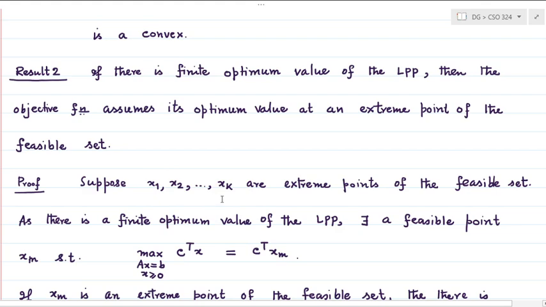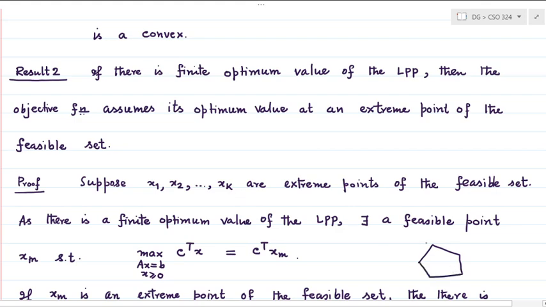So any point which is a feasible point, any point that satisfies Ax equals b and x greater than or equal to 0 is nothing but a convex combination of x1, x2, up to xk, because you know this region Ax equals b together with x greater than or equal to 0 geometrically gives us a polygonal region or a polyhedron in the n-dimensional Euclidean space.